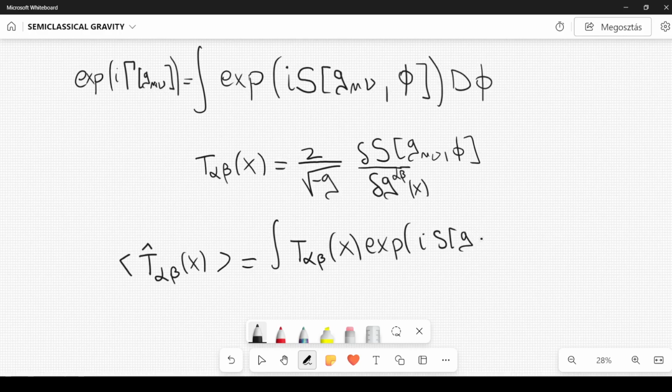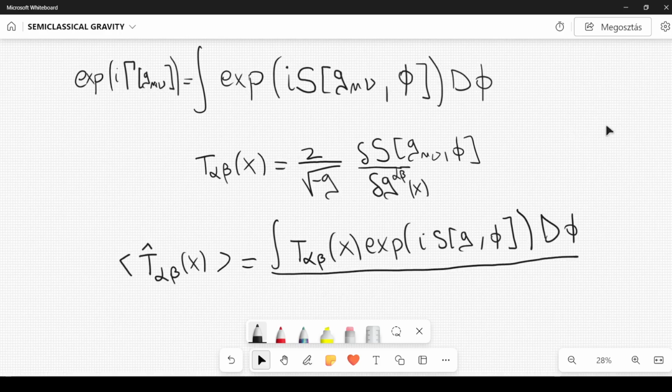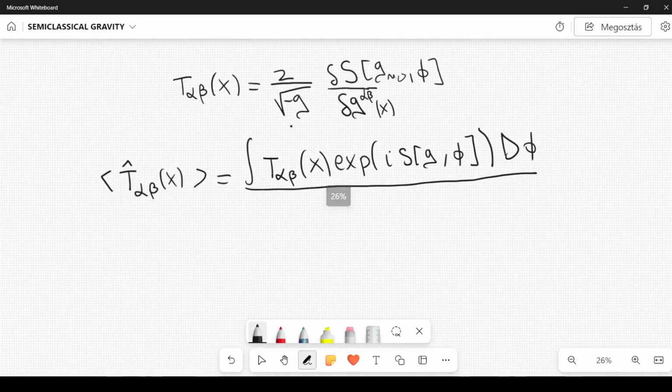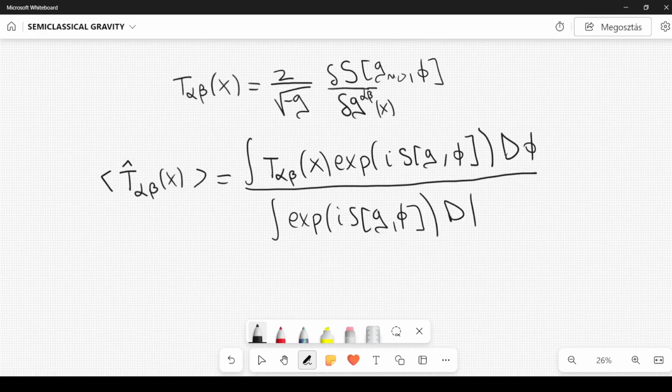Let me just write g for the sake of simplicity, d phi, and this is divided by the same integral but without this factor of T alpha beta. So we have the integral of exp i S of g and phi, d phi, like this.